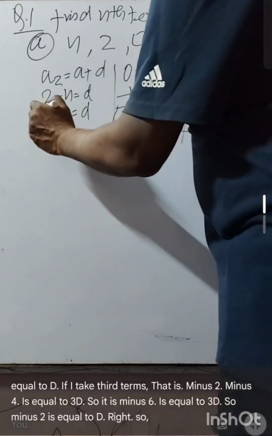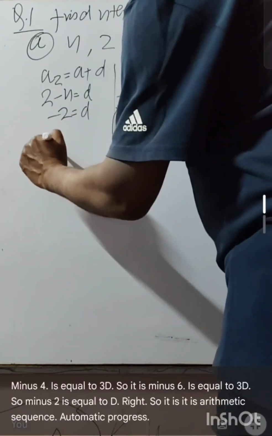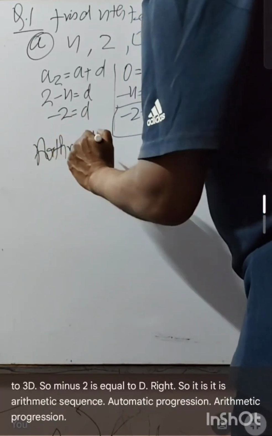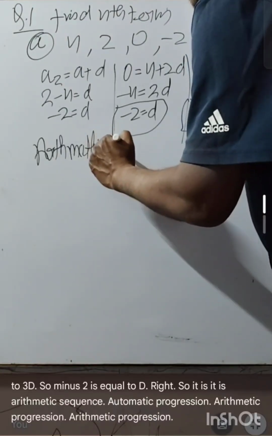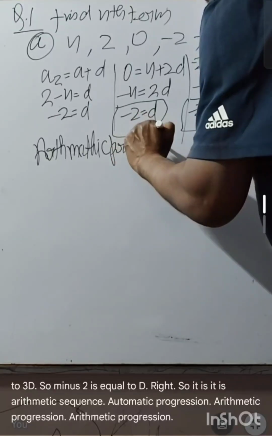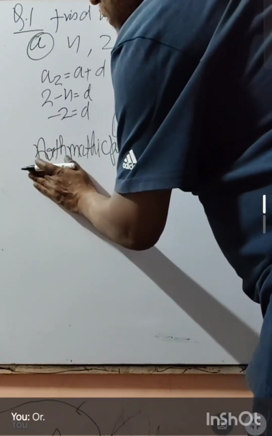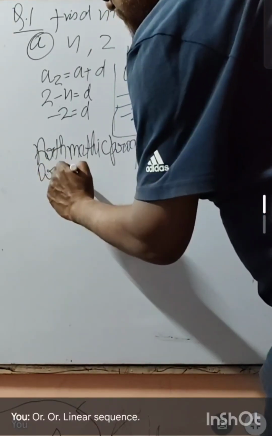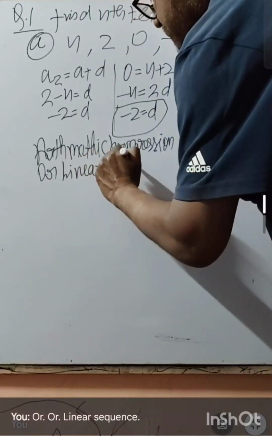So it is an arithmetic sequence, arithmetic progression, or linear sequence, right?